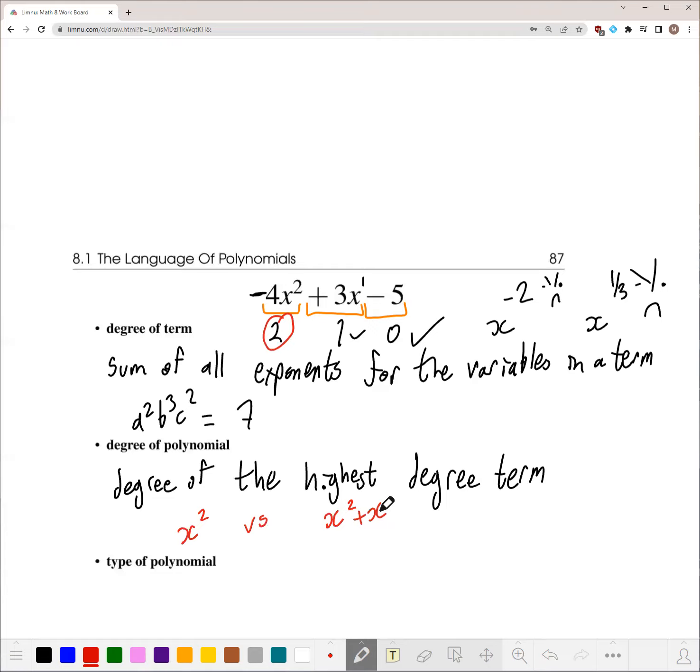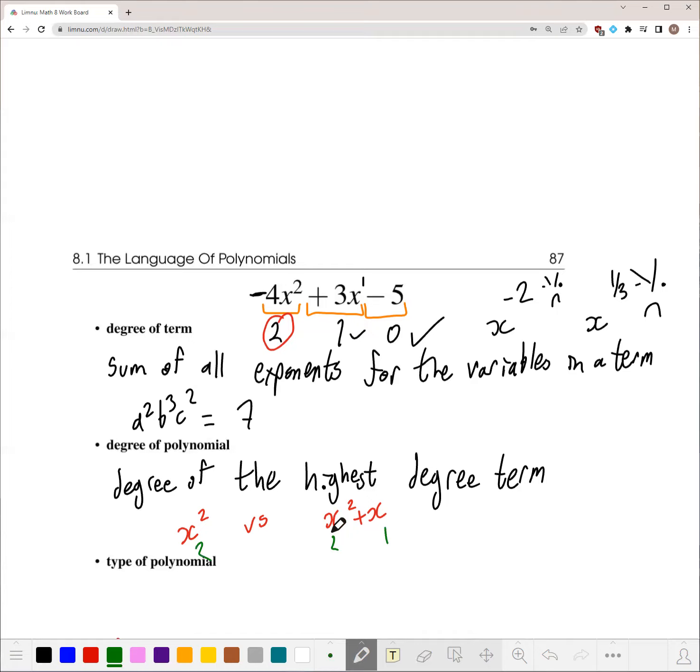We'll talk about why in a second, but let's show how I got the degree of 2. For this, I'm looking at my one term. It's got a degree of 2. And since there's only the one term, we know that's the degree of the overall polynomial. Here we've got a degree 2 term and a degree 1 term. To find the overall degree of the polynomial, all I have to do is look to see which is the highest degree term, and it's 2. 2 is bigger than 1. I'm pretty good at math, I know.